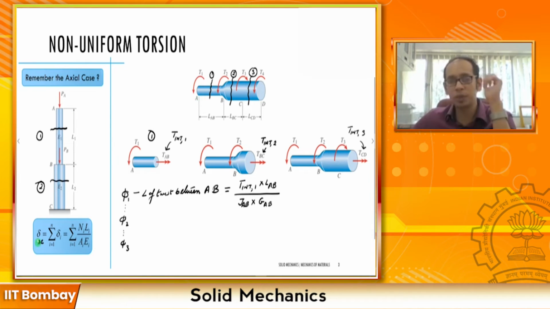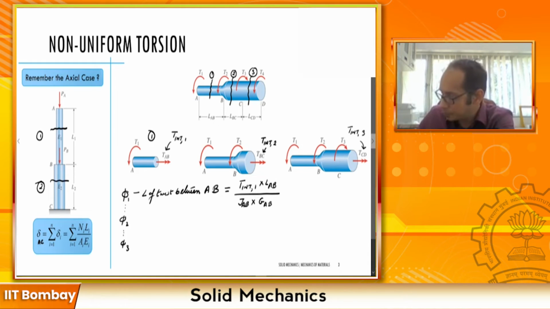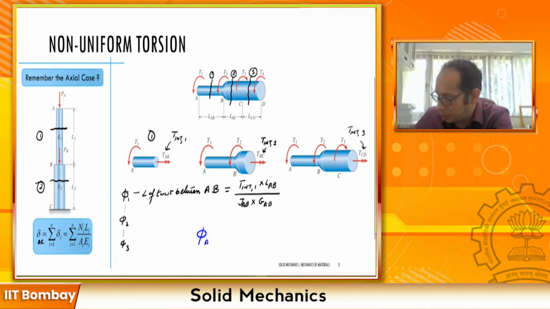Here delta was the total deformation from A to C; here the total phi is from A to D. So if I write it explicitly, the total phi from A to D is the summation of phi i, which is the summation of each internal torque T_i times the length of each segment, first L_AB, then L_BC, then L_CD, divided by J_i.